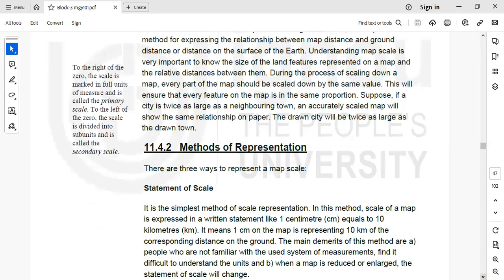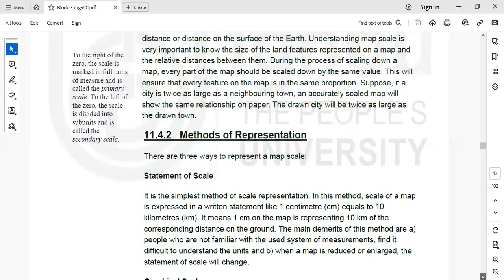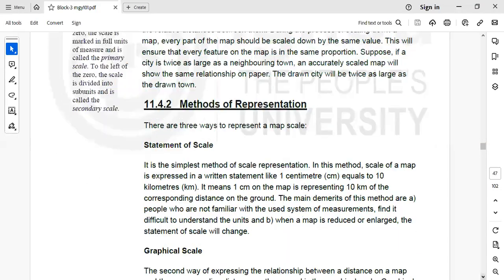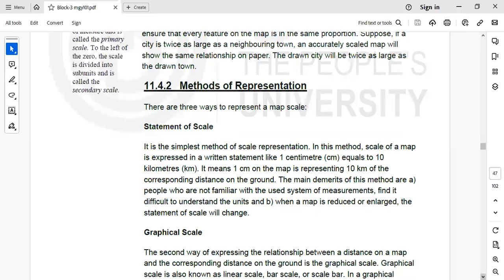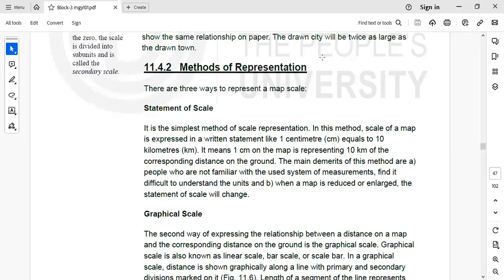So there are various methods of scale representation. Three methods are very important. Number one is statement of scale.